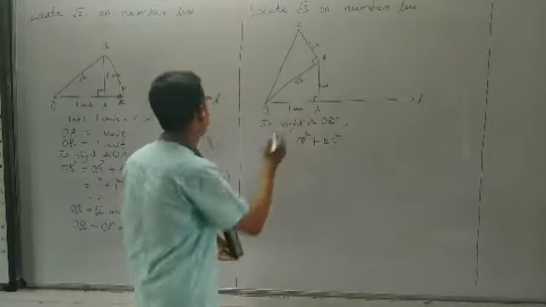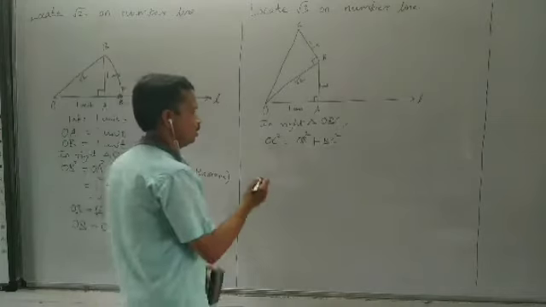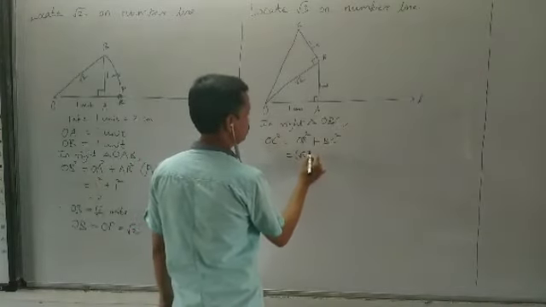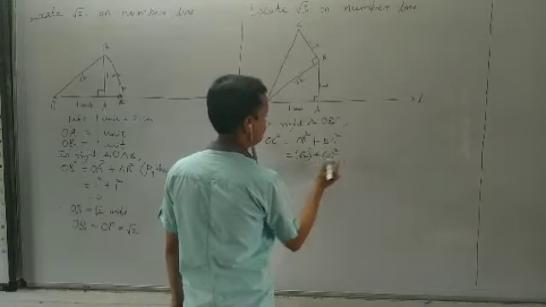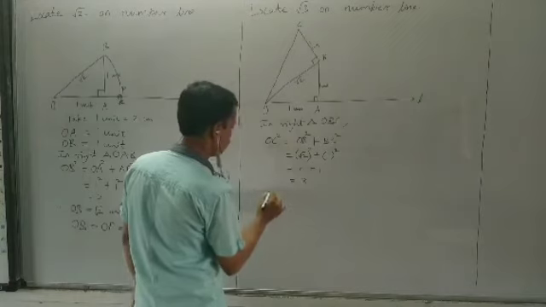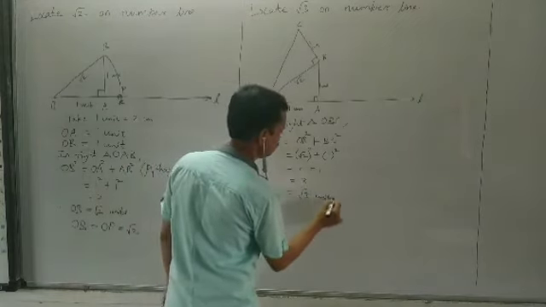You know already from this diagram, OB is root 2. So this is root 2 whole square plus 1 square, and this becomes 2, this becomes 1, and you get 3. Therefore, OC equal to root 3 units.